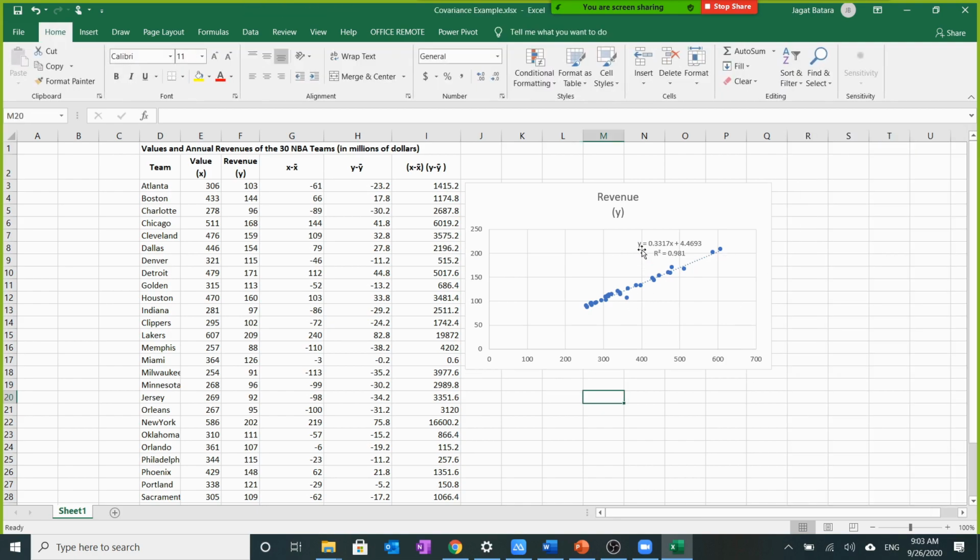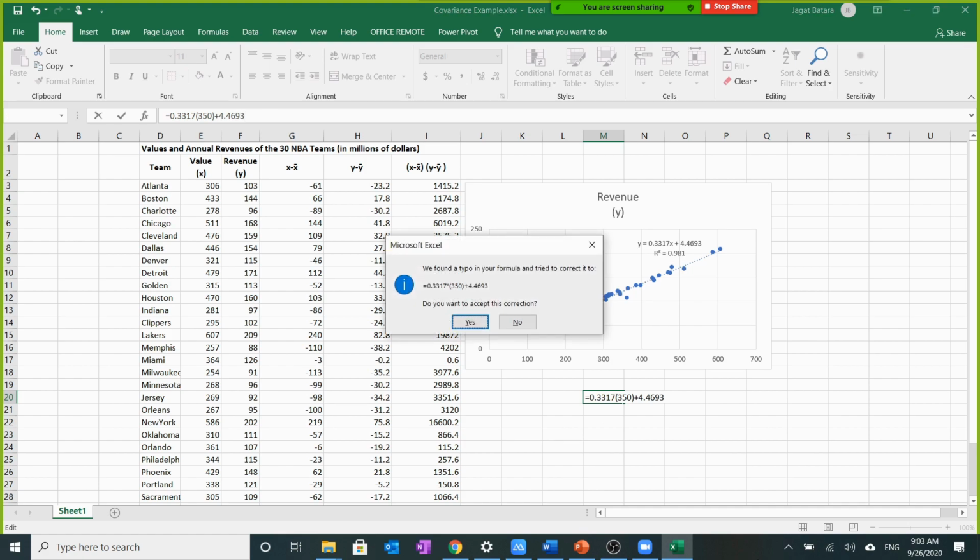So let's say y is the revenue. So how big is the revenue? We already have this formula, so we can just calculate. We have 0.3317 multiplied by the value that we have. The value will be 350, so we write this 350, plus 4.4693.